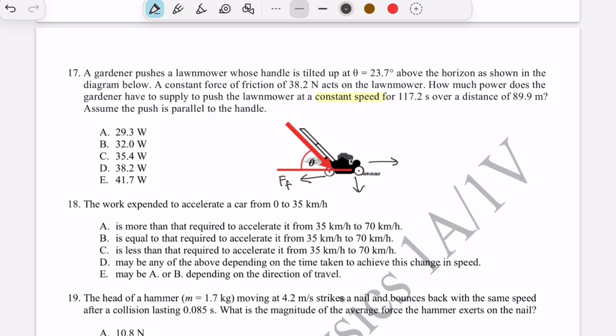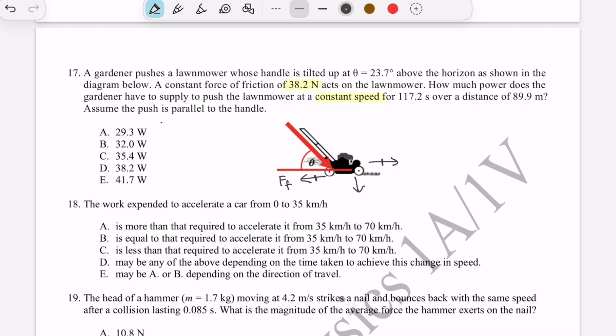Because it says constant speed, we know that there's no net force because acceleration is 0. So then the force of friction and the force applied in the x direction are equal to each other. So that means the amount of force that the gardener is applying to push the lawnmower is going to be equal to the friction, which is 38.2.